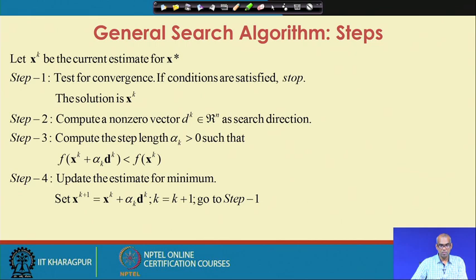That means d k is the direction in which the function value is decreasing, it is a descent direction. So, update the estimate for minimum. We set x at k plus 1 iteration equal to x at kth iteration plus alpha k d k. Set k equal to k plus 1 and again go to step 1 where you test for convergence. If convergence is achieved, you stop, otherwise you go to step 2.